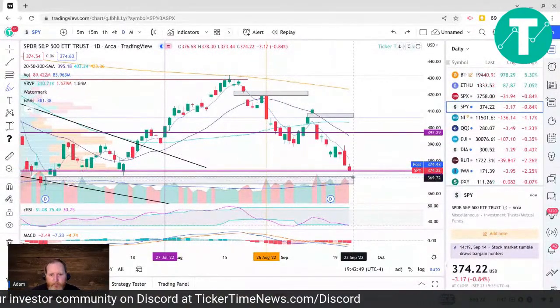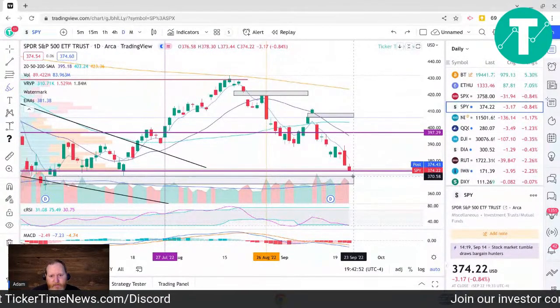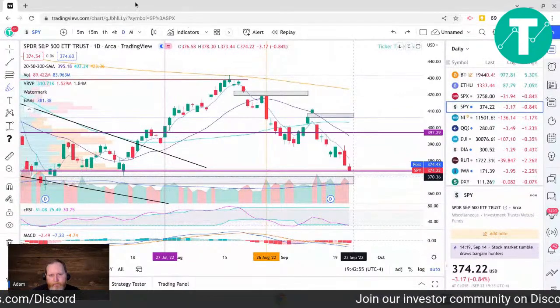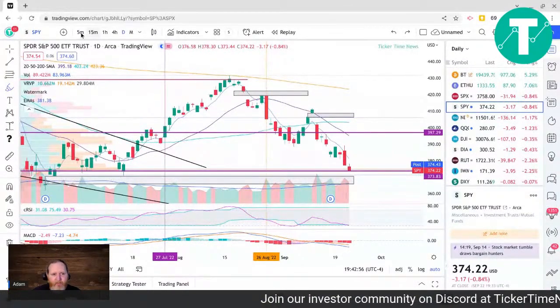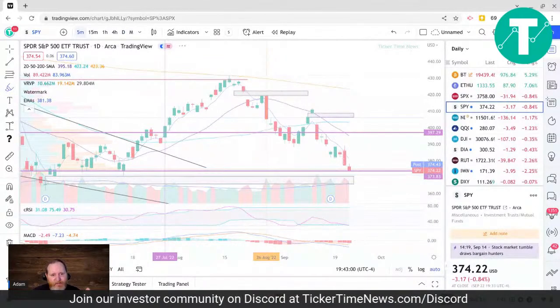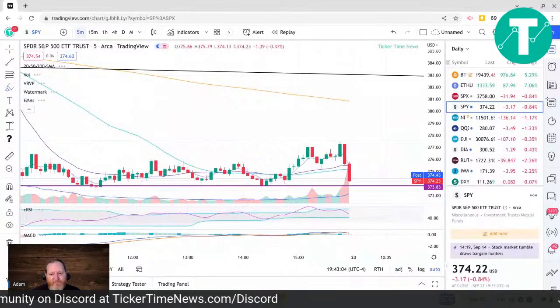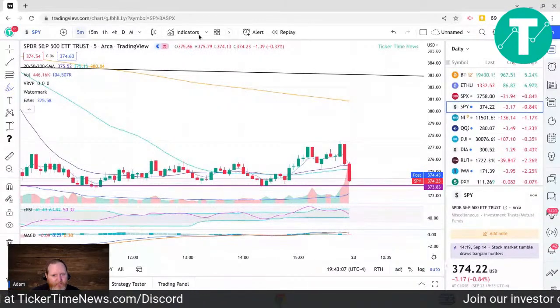The top of that gap starts for the SPY at about 370. So we need to stay above 370 on the SPY. Otherwise, we could be testing the new low for the year. Okay, 370, that's critical, and we're only 4 points from that.